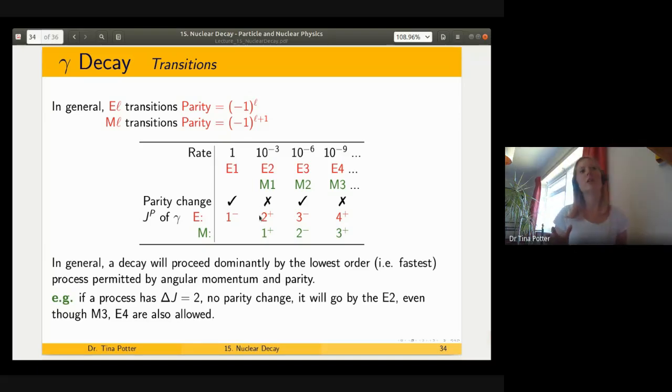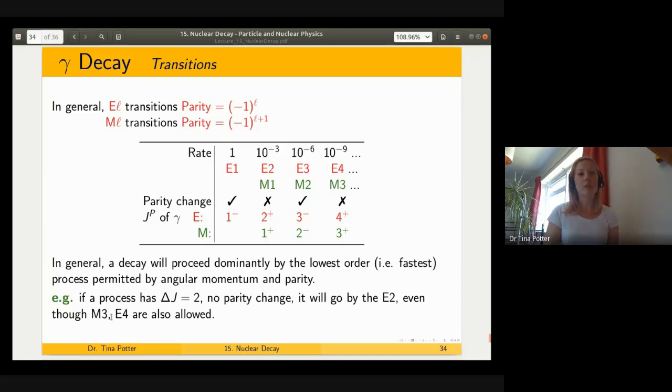So in general, like with all decays, the decay that's going to dominate is the one that is fastest, because it takes less time to happen. So if an E1 decay can happen, it will happen in preference to an E2 decay. If an E1 decay can't happen, the one that will dominate is the E2 decay, etc.